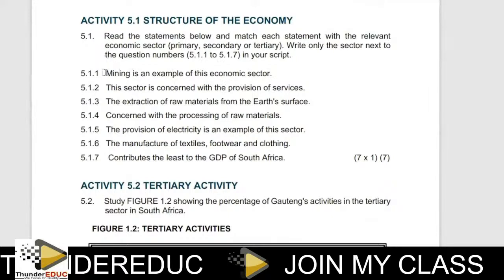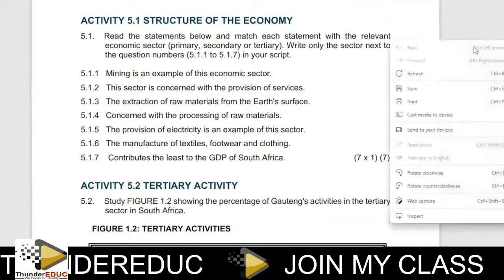Think about it. If in any case you can write your answer somewhere down and you test yourself, then when I tell you the answer, you just tick yourself. That will be better. It will be okay if you assess yourself under that line. Mining is an example of this activity. Which activity? You know very well that mining falls under primary sector.